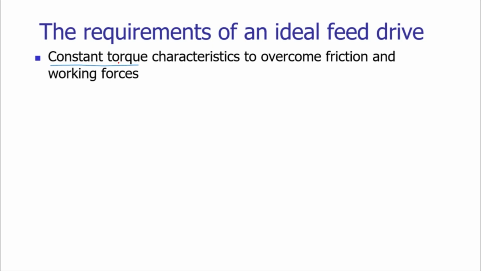The feed drive should be able to overcome this friction, and it should provide sufficient forces to carry out the machining operation. Therefore, the feed drive should provide sufficient constant torque to overcome the friction and the required working forces, the cutting forces in machining operation.